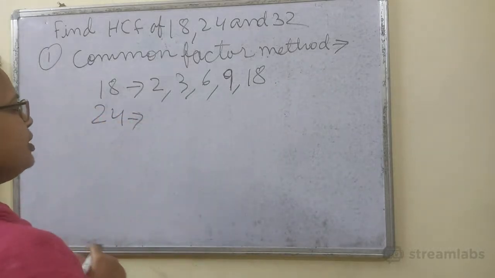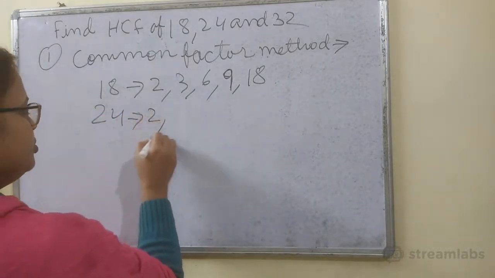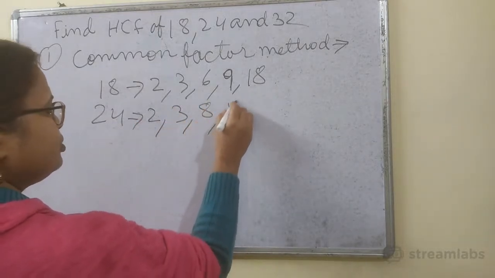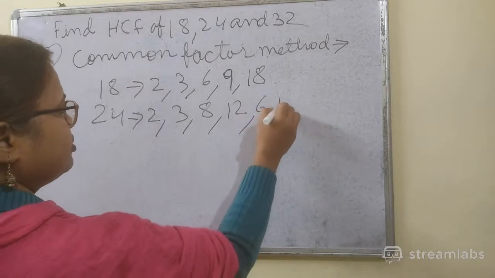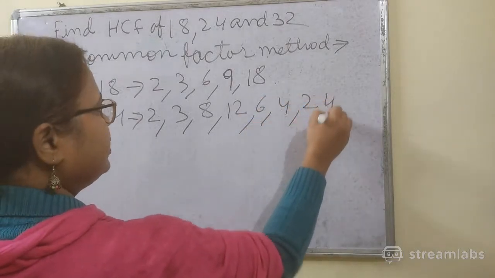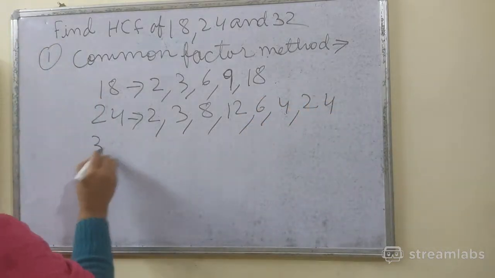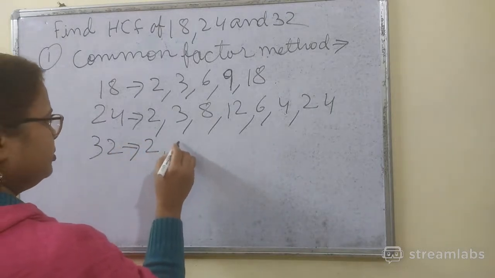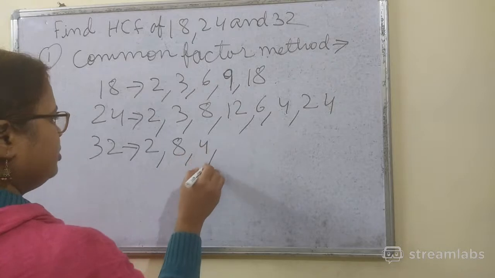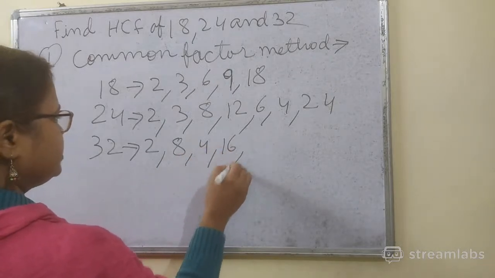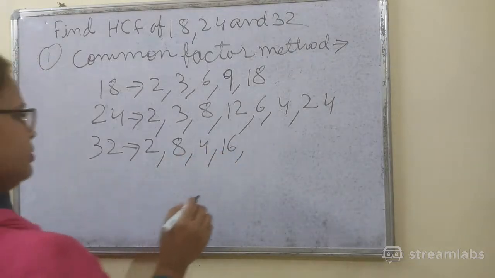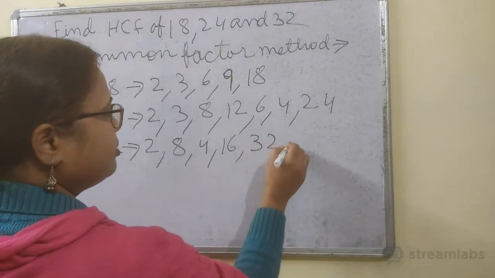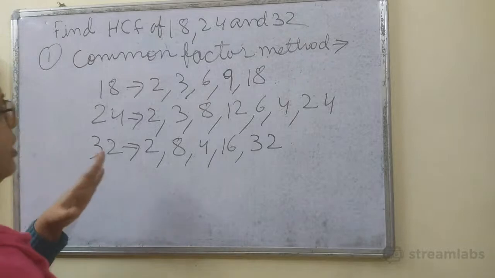The factors of 24 are 2, 3, then 8, then 12, 6, 4 and 24. And now find out the factors of 32. So 2, then 8, 4, 16, then 32, the number itself.